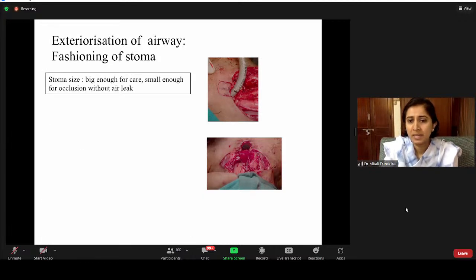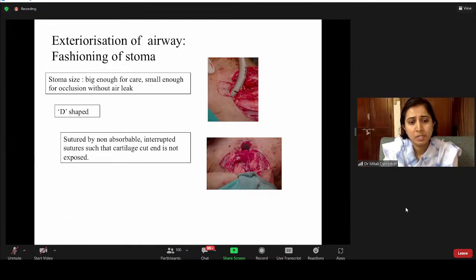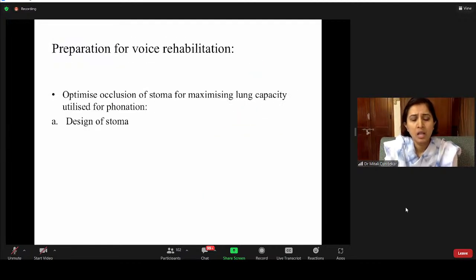Like Paisar spoke a couple of slides back, the stoma size should be big enough for care, but small enough for occlusion to ensure that there is no air leak. It should preferably be D-shaped. It should be sutured by non-absorbable interrupted sutures such that the cartilage cut end is not exposed. Next, we prepare the operated bed for voice rehabilitation.